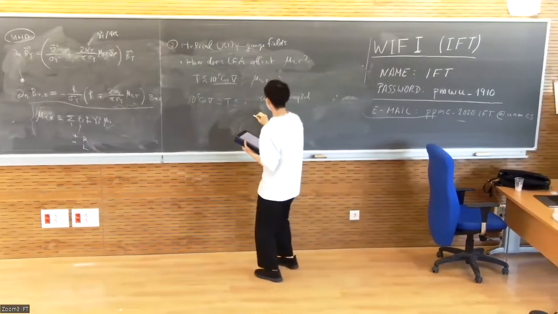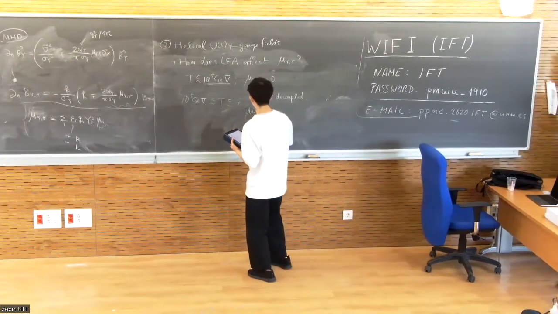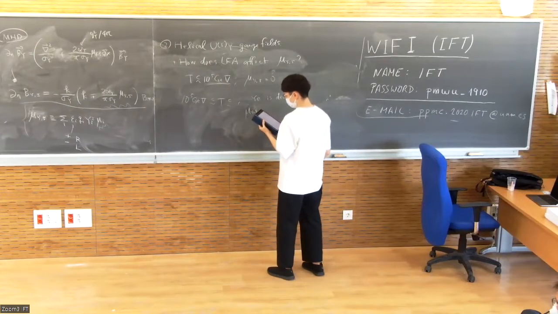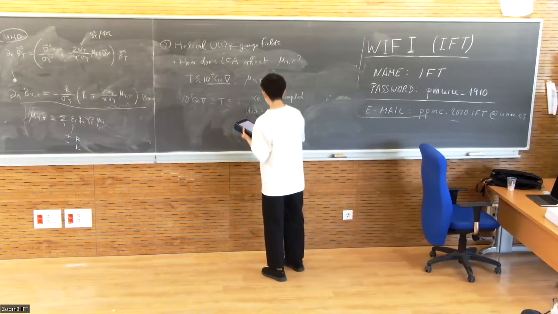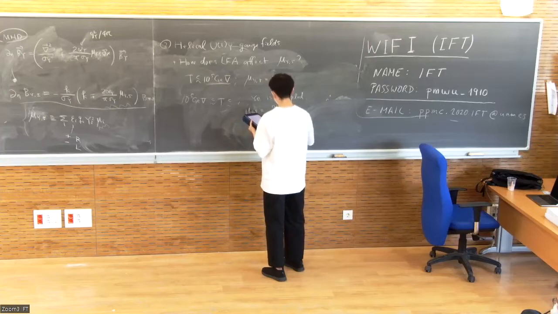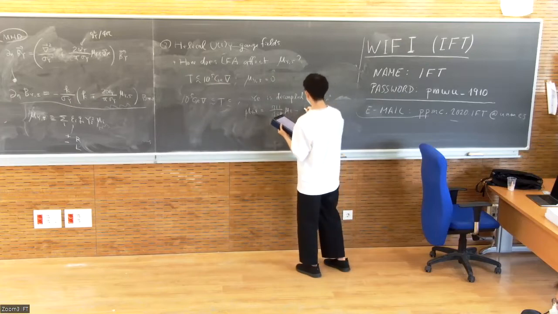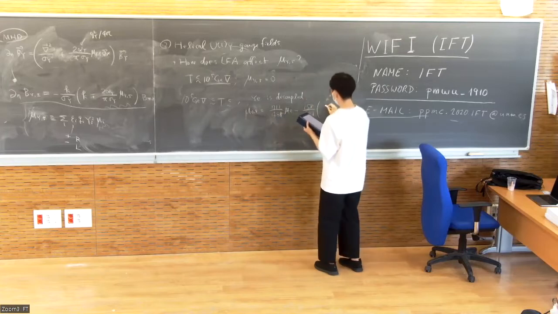Then there is a non-vanishing contribution to mu_5. Again, the factor is complicated, maybe that number is not important, but it is essentially proportional to the primordial lepton flavor asymmetry.